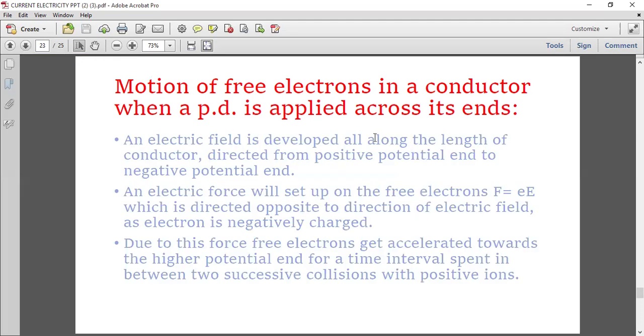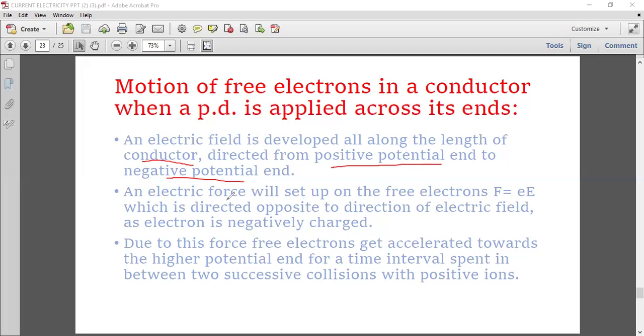Motion of free electrons in a conductor when a potential difference is applied across its ends: an electric field is developed all along the length of conductor. मतलब जब हम potential difference लगाते हैं तो क्या हो जाता है? एक इलेक्ट्रिक फील्ड डेवलप हो जाती है all along the length of conductor. कहां से कहां डायरेक्टेड होगी? फ्रॉम हाई पोटेंशियल टू लो पोटेंशियल.